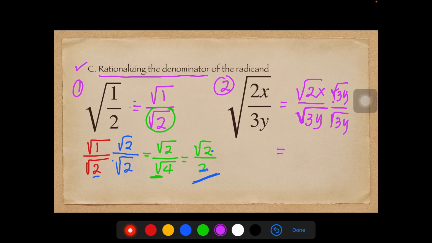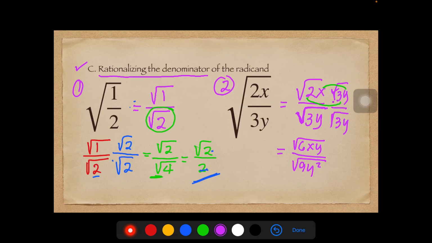So that the result will be square root of 6xy in the numerator. Take note of that. We multiply 2 and 3, and then x and y. So we come up with square root of 6xy over the square root of 9y squared.